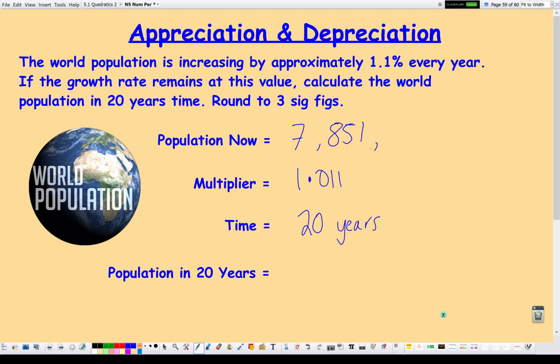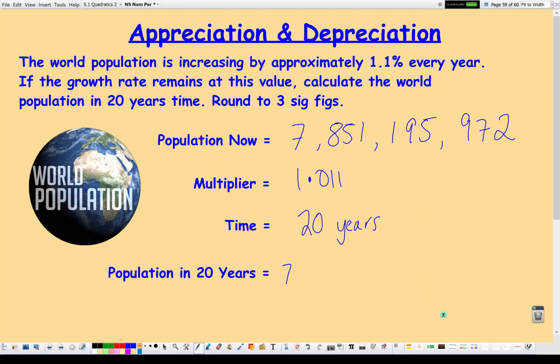We're almost at 8 billion people now, which is a bit scary. And then it's constantly changing, so 972, let's call it. That is approximately the number of people on the earth right now: 7,851,195,972 people.